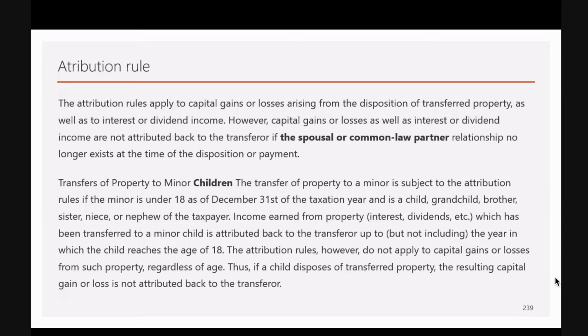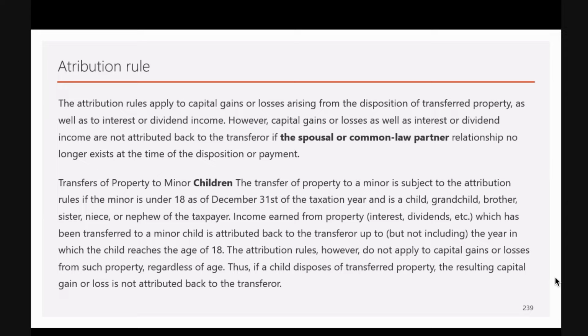That means if the minor is under 18 on December 31st of the tax year, so if you transfer to your children under 18, for example, if we're doing the 2021 return, by December 31st, 2021, the child is under 18, then the attribution rule still applies.